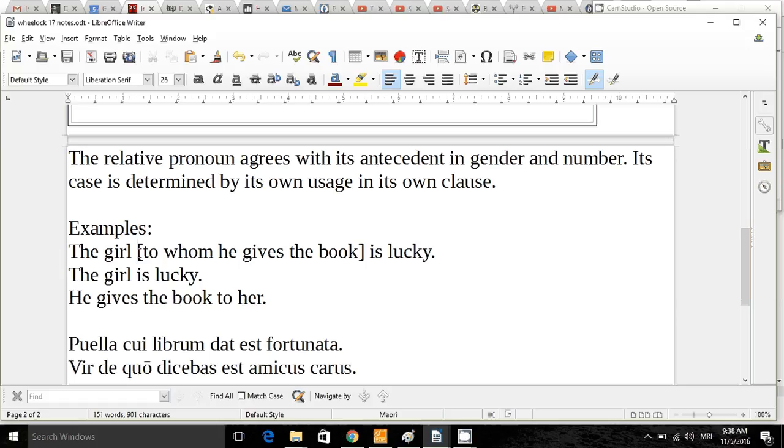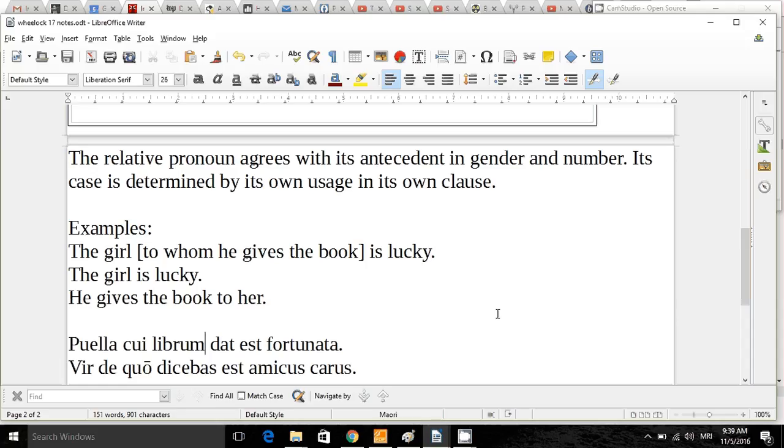So it takes its case from its own usage. So who is the nominative? The girl we said is nominative, so you would maybe expect who to be in the nominative. But it can't be, because in its own clause, it's the indirect object. The girl to whom he gives the book is lucky.